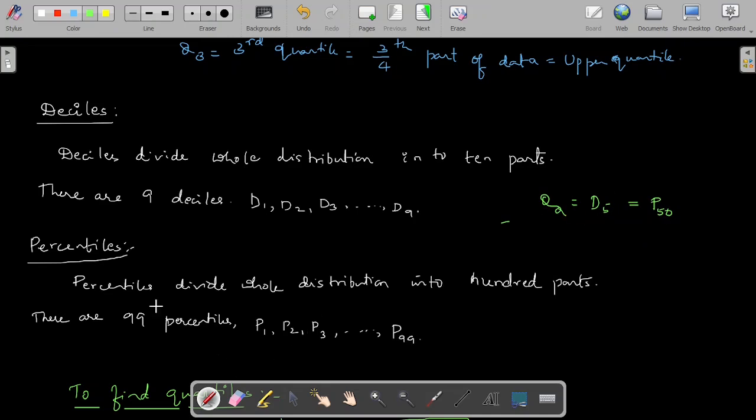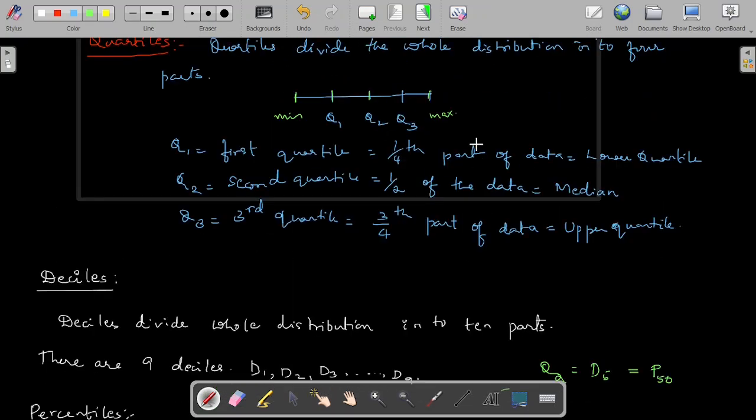In terms of percentiles, the distribution is divided into 100 equal parts. Therefore, you will have 99 percentiles. In the case of deciles, the whole distribution is divided into 10 parts. Therefore, there will be 9 deciles. Accordingly we get 10%, 20%, 30%, and so on.